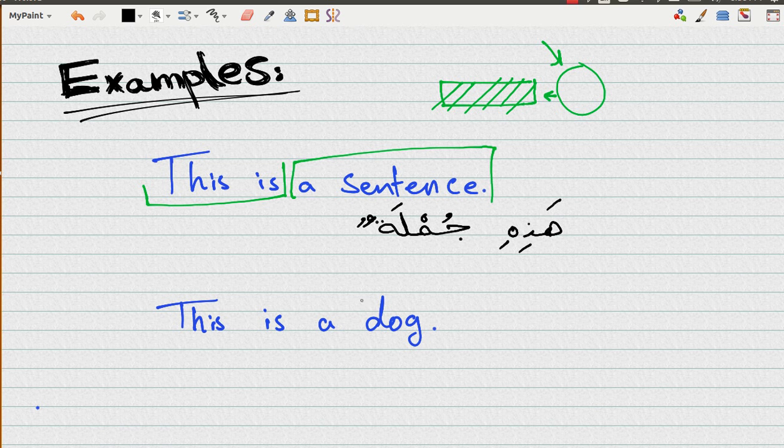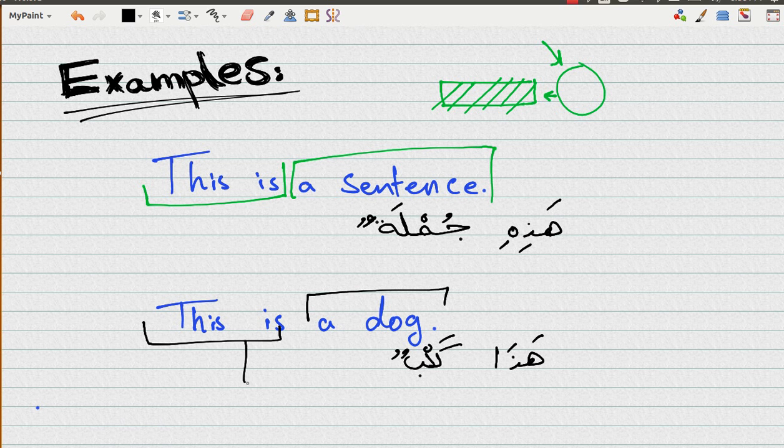If I want to say this is a dog, well, first, what's a dog in Arabic? كلب. That's a male dog. So if I want to say this is a dog, I say هذا كلب. Okay, it's easy.